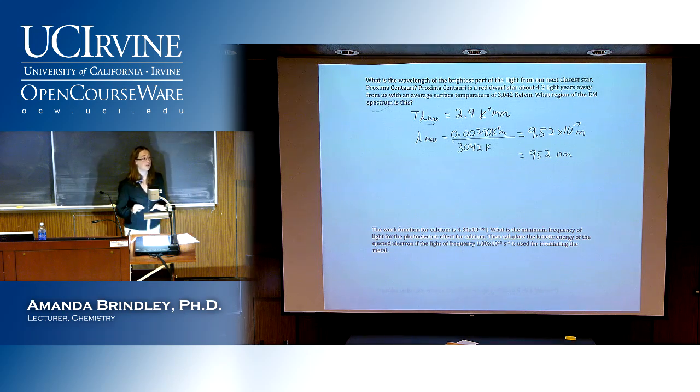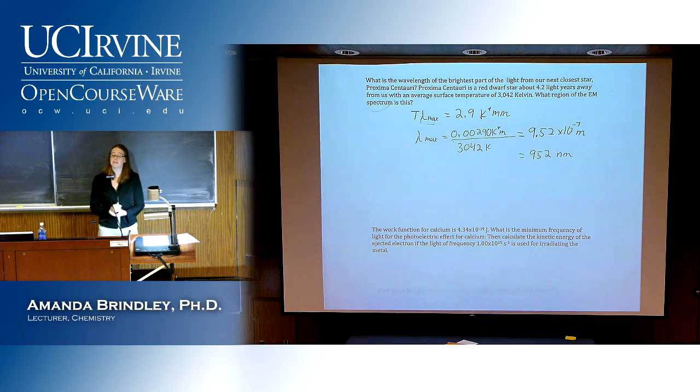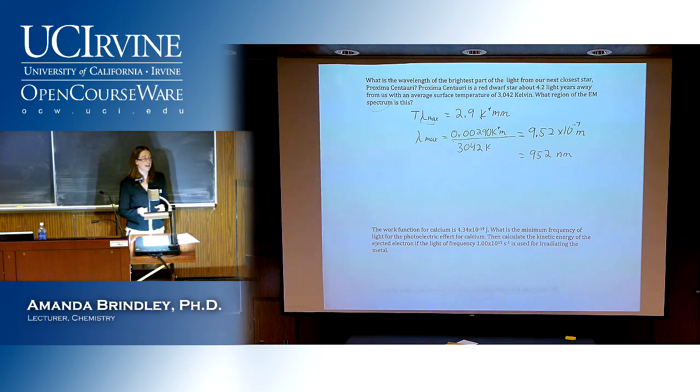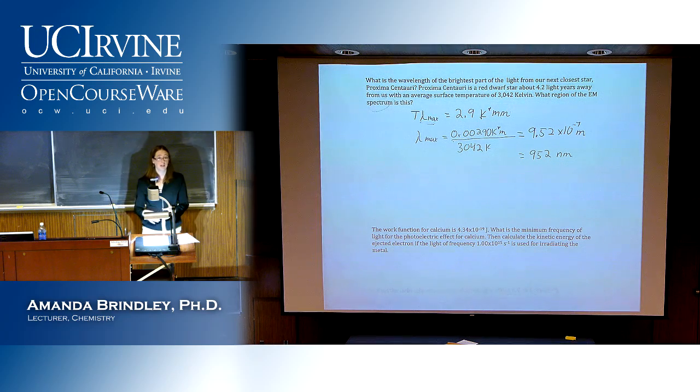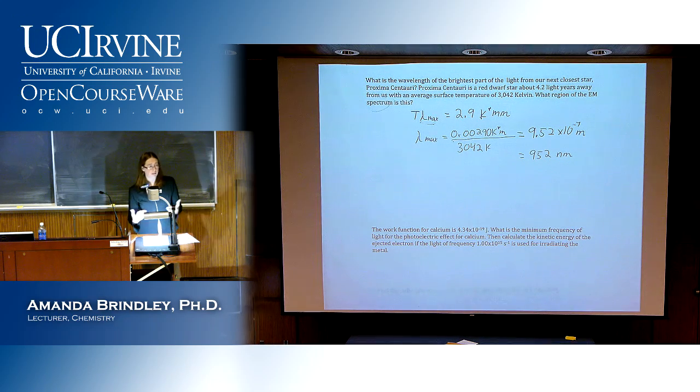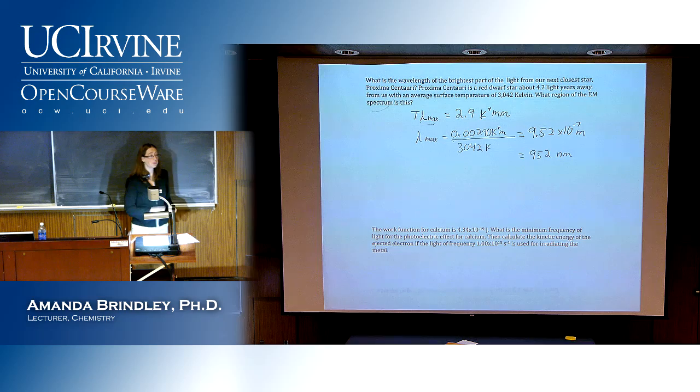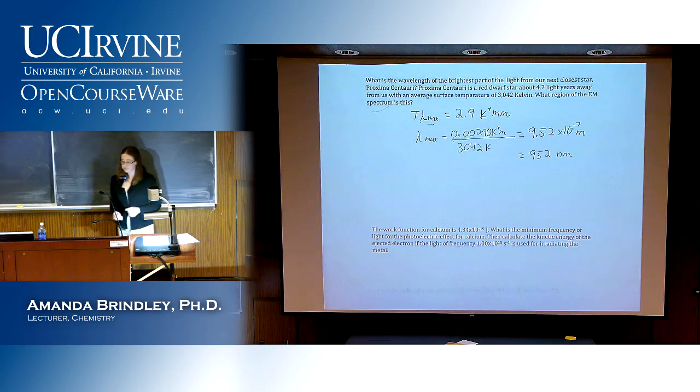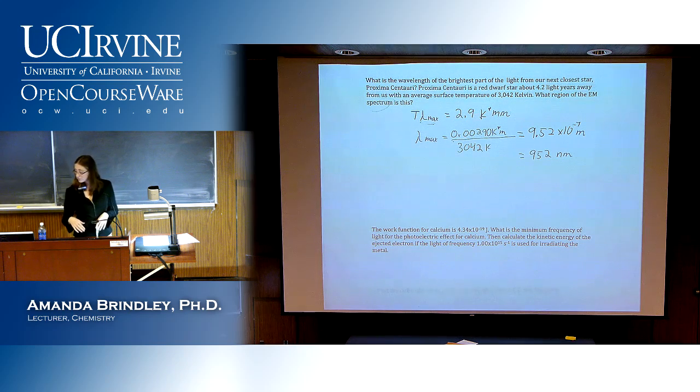It's near where we can see, but it's still in the IR region, right next to the red part of our visible spectrum. That's why a red dwarf gets its name: the only light we can see coming off it is red. Sure, there's this whole other profile in the IR region, but we can't see that, so to our eye, we just see it as red. That's where it gets its name.